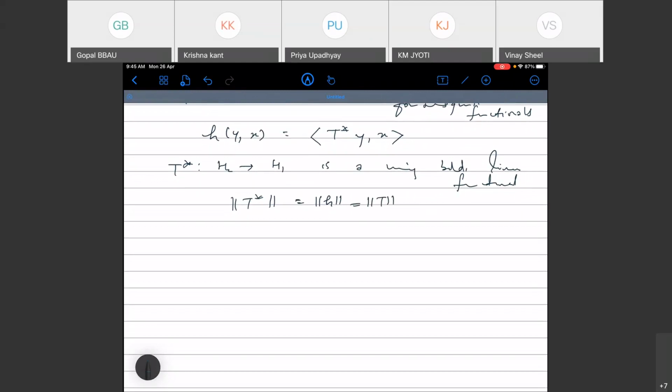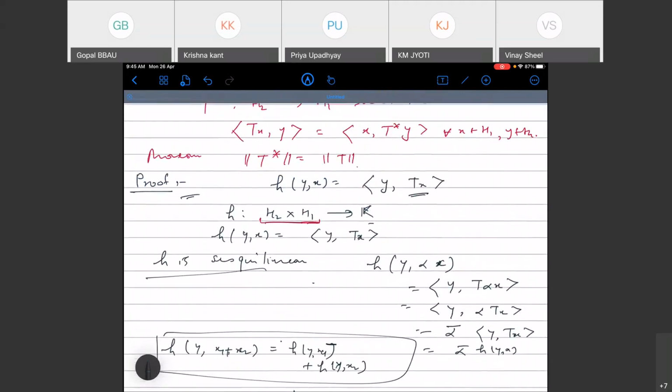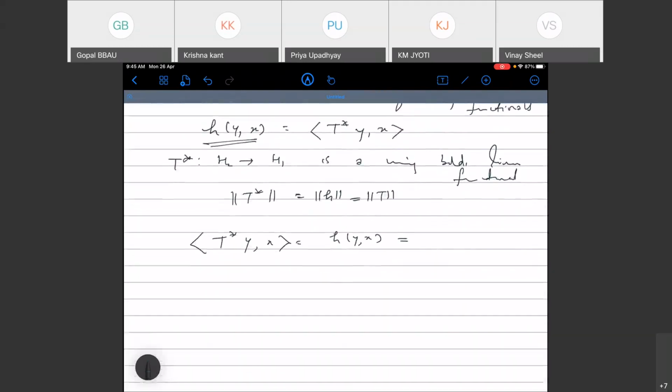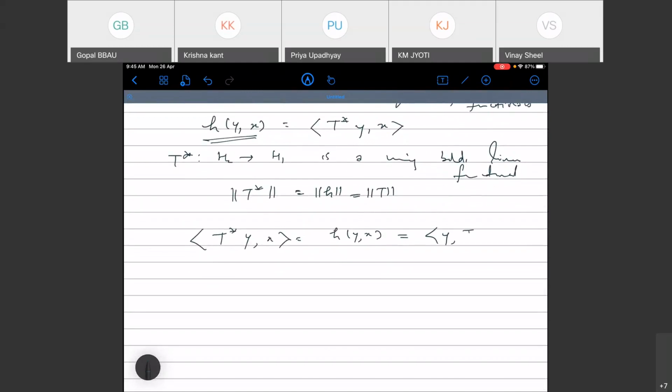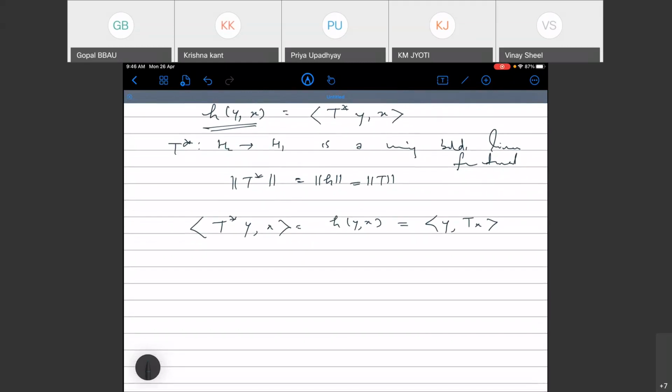So using the definition of h(y,x), you get ⟨T star y, x⟩ equal to h(y,x), but by definition h(y,x) was, see here, the inner product ⟨y, Tx⟩. Now take conjugate on both sides.